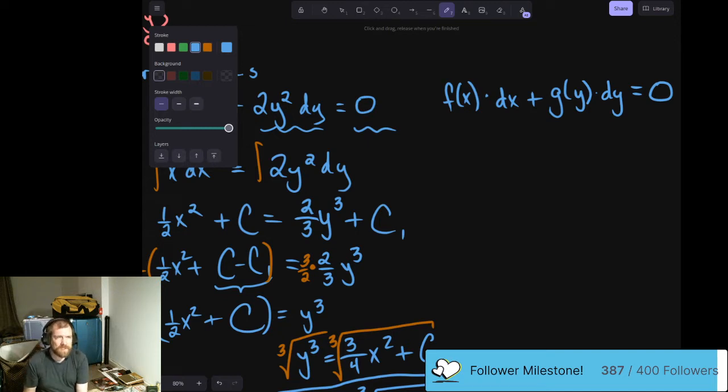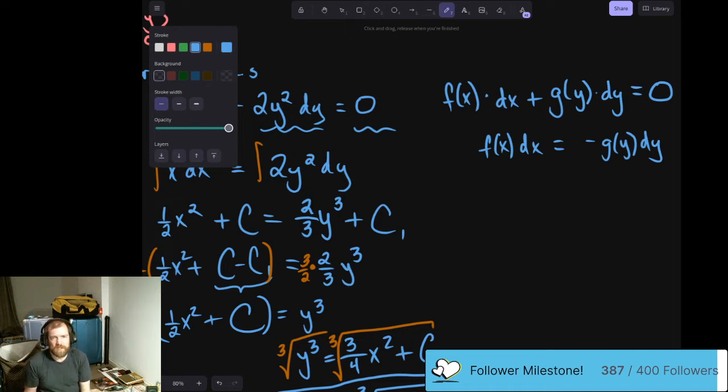And most of the time, generally speaking, we're going to find whatever functions we have here. This is going to be our f of x dx. It's going to be equal to a negative g of y dy, which could be generalized as just g of y dy. It doesn't matter.